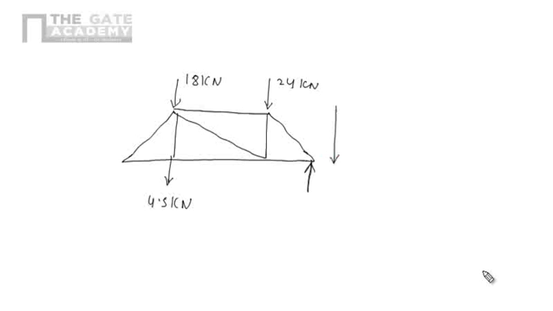This distance is 12 meter. This is point A, here the support is, and these are points B, C, D, E and F, and these distances are 9 meter, 9 meter and 9 meter.